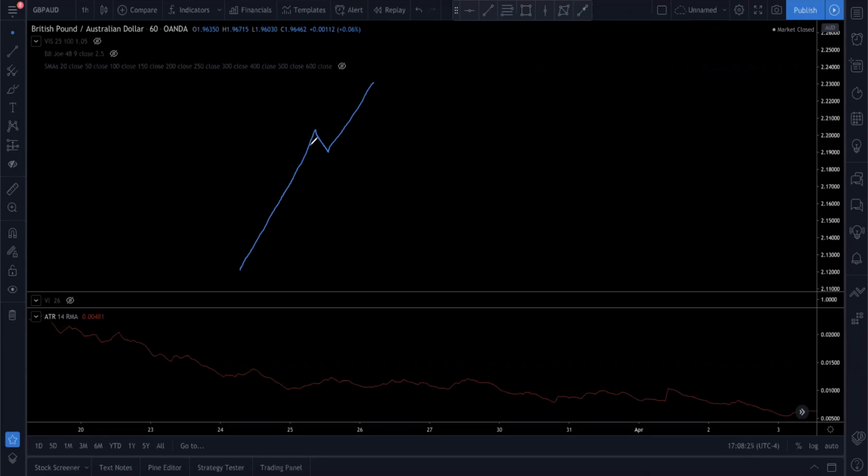However, here's the issue I have. When you look at something like this, you may have a couple of small red candles here, okay? And you may have a couple of huge blue candles here and a couple of huge blue candles here. And so you're getting 100 pips of bullish movement, but you're not getting 100 pips in the pullback.